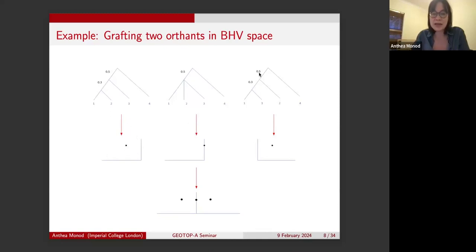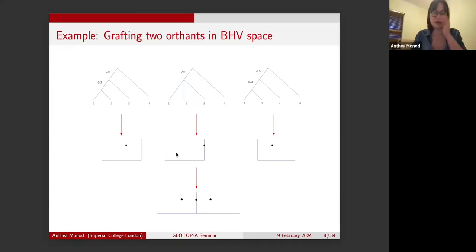In this case here, we have only 1 internal edge, because this internal edge here has been shrunk to 0. So we only have this distance here to represent this tree, and similarly we have one on the side here. Essentially we have these 3 different trees, and the orthant here is how we compare this tree topology with this tree topology.